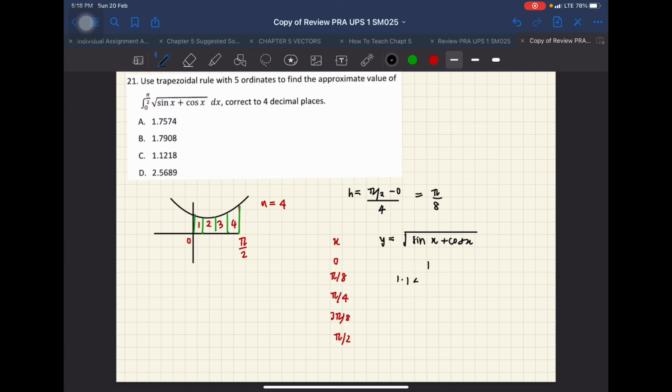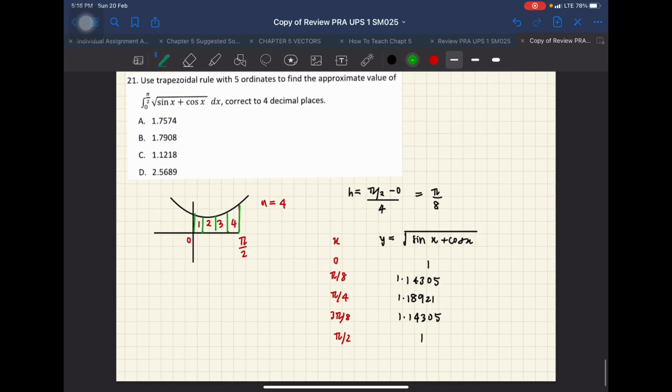Then the next value is 1.18921. And then you have 1.14305. And then you will have 1.